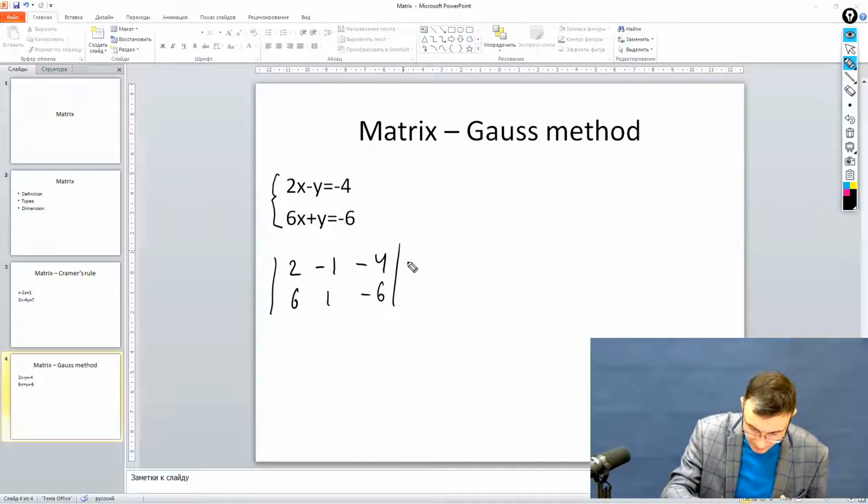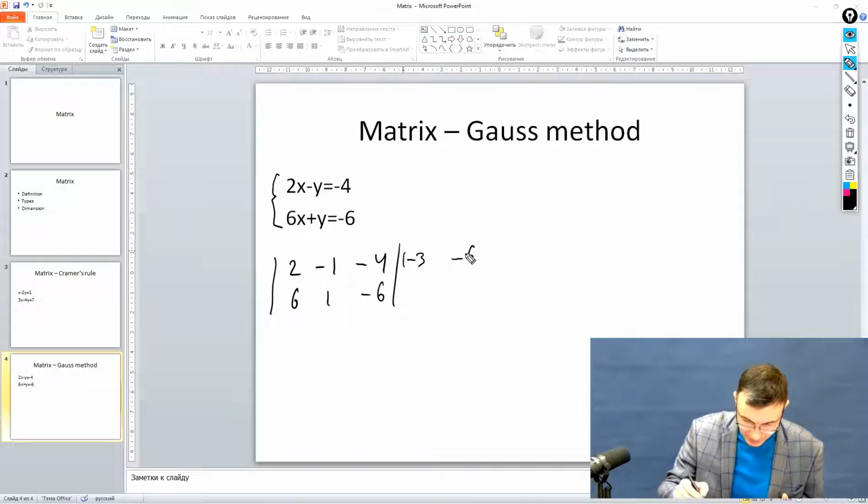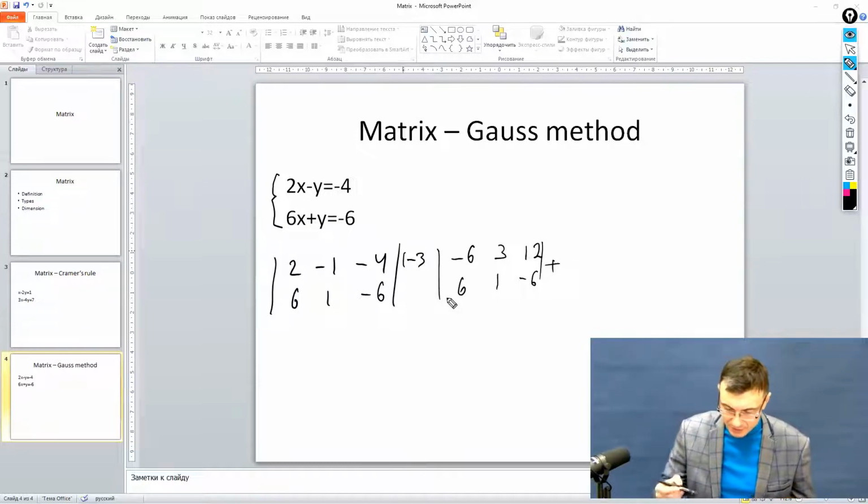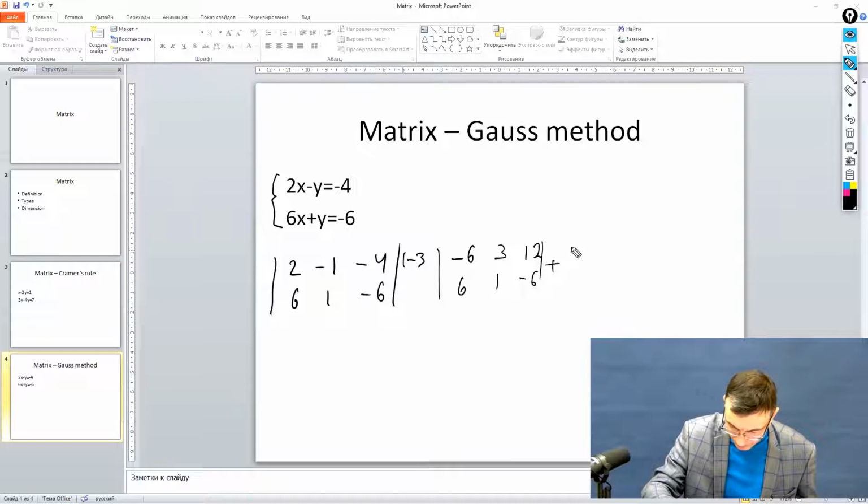So we put that right here: 3, and we have minus 6, we have 3, and we have 12. And here we have 6 and 1 and minus. Then we add the 2 equations and put the result in the second row. The first row will be intact.